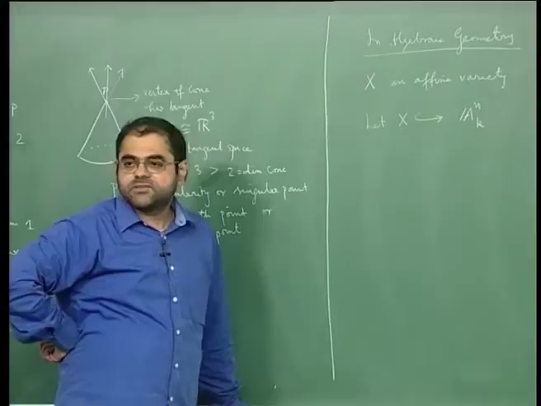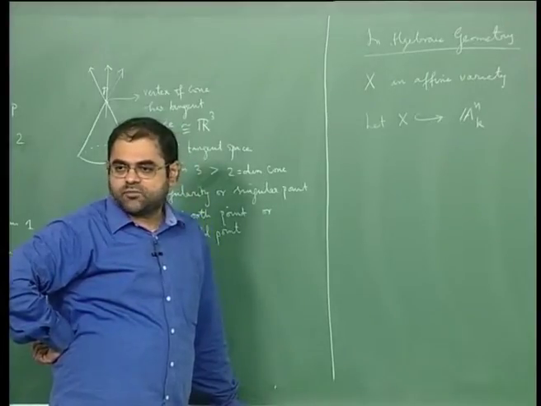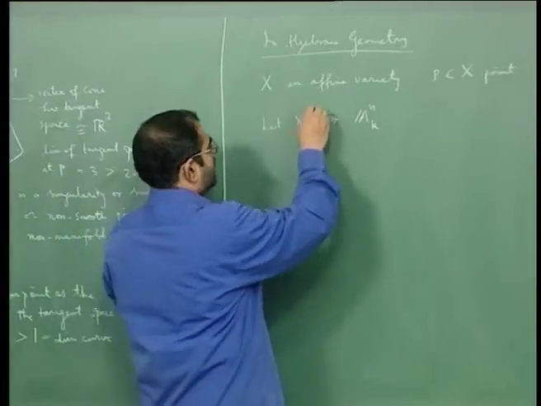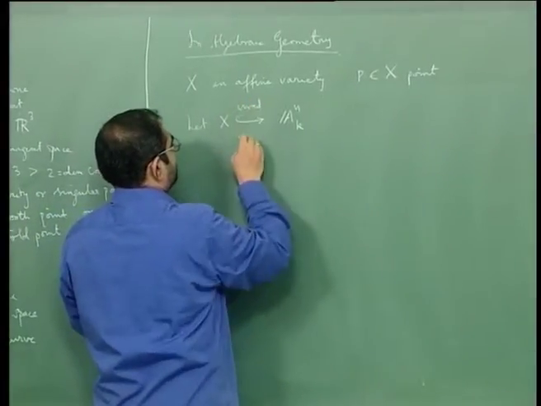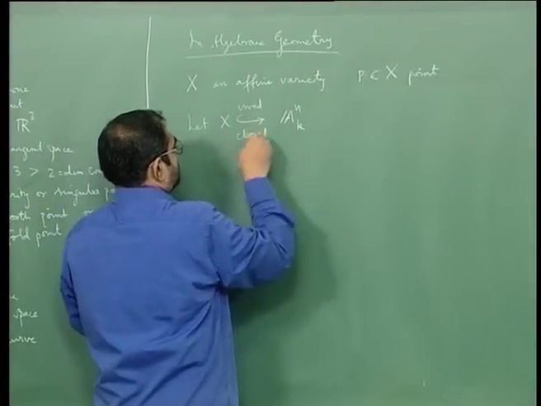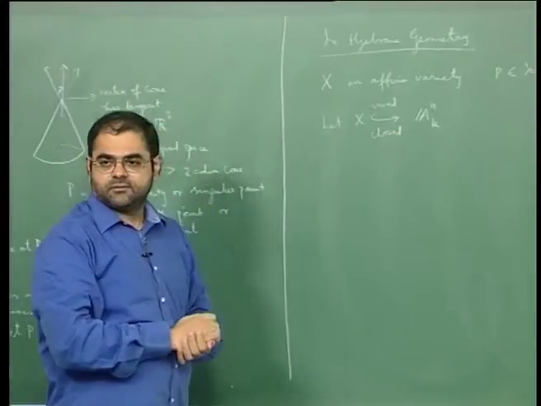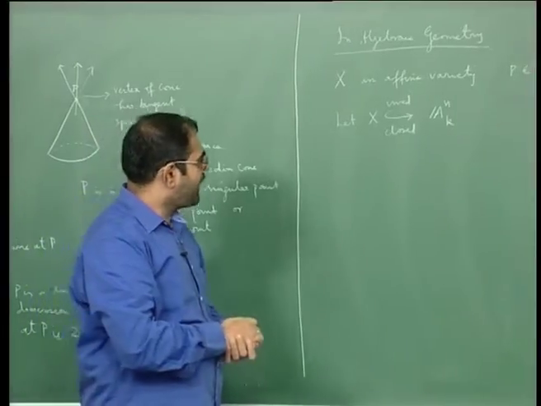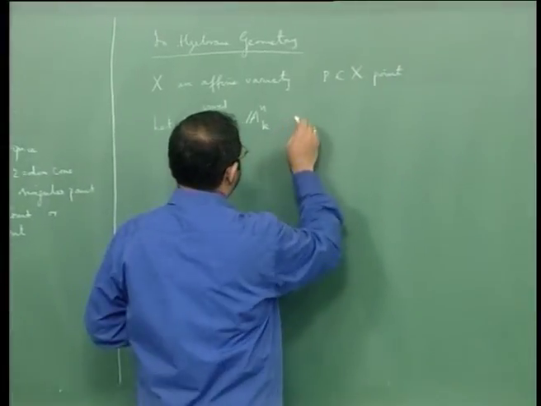X is an affine variety, so it is an irreducible subset. By definition, X is isomorphic to an irreducible closed subset of affine space.